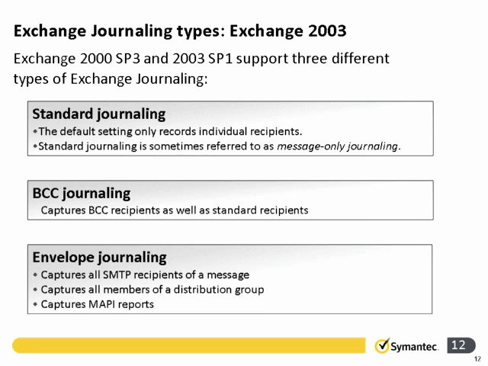The last type of journaling supported in the Exchange 2003 environment is called envelope journaling. Envelope journaling captures all the SMTP recipients of a message, all the members of a distribution group, and it will also capture the messaging application programming interface, or MAPI, reports.